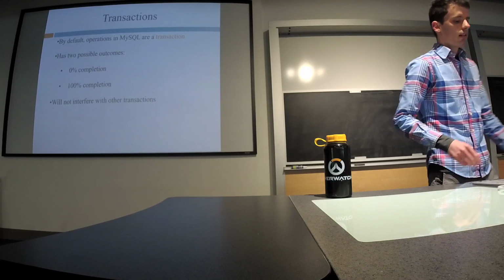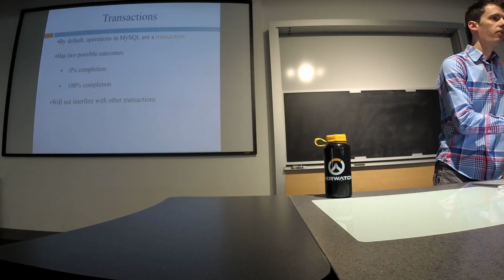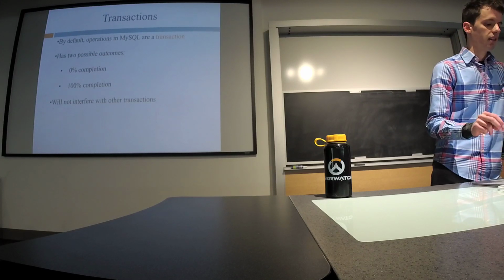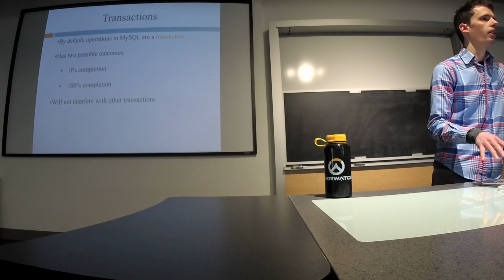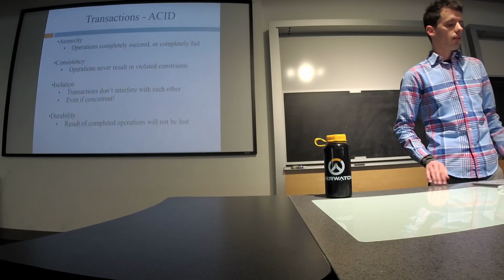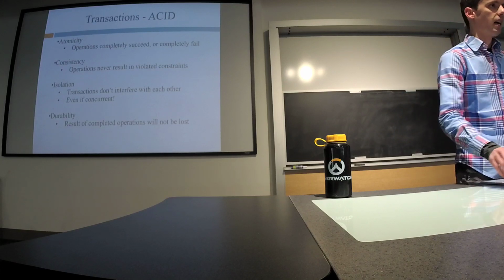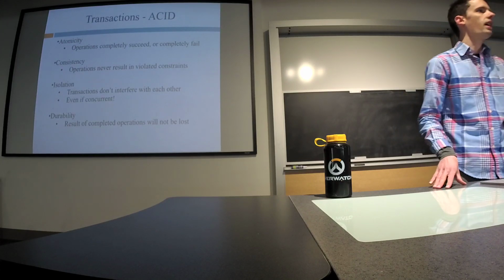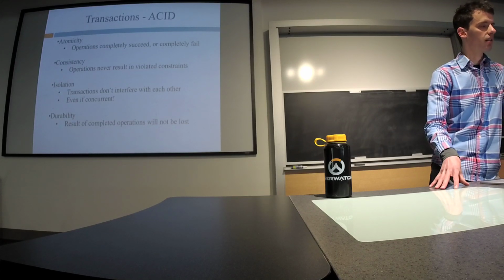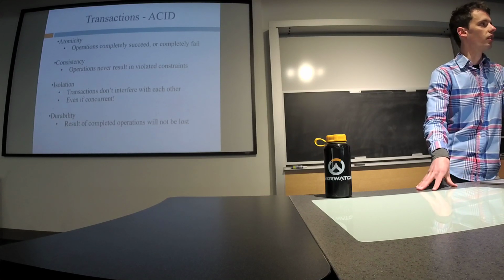And so not only do they have the completely fail or completely succeed property, they also have this property that they will not interfere with other transactions. And all of this stuff about transactions, the design principle behind a transaction is this acronym ACID. So atomic, consistent, isolation, and durability.